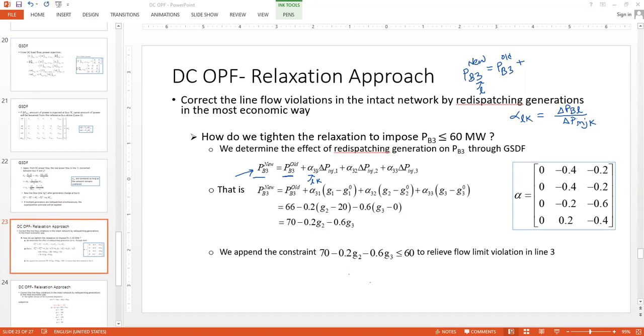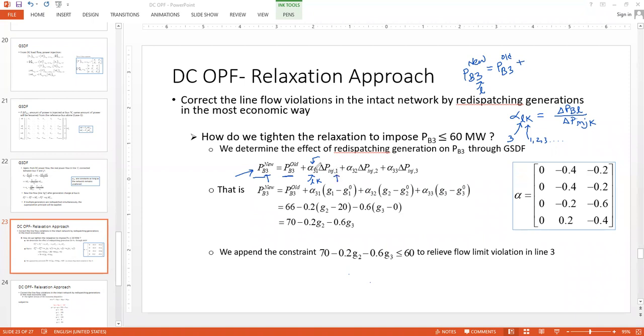So alpha 31 means I'm looking for the change in line number L, in our case 3, for the injection change at generation number 1, or bus number 1, 2, 3, and whatever number is there. So here multiple generating units are participating in the redispatching, or in the correction process, of the line flow for line number 3. So alpha 3,1 will relate line number 3 over here and generation K, that is 1.